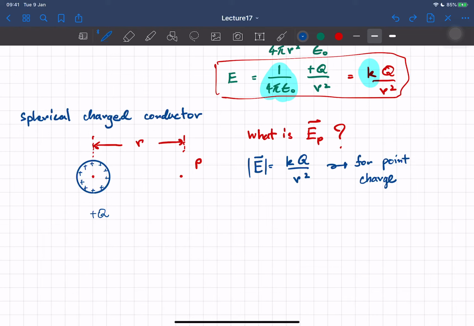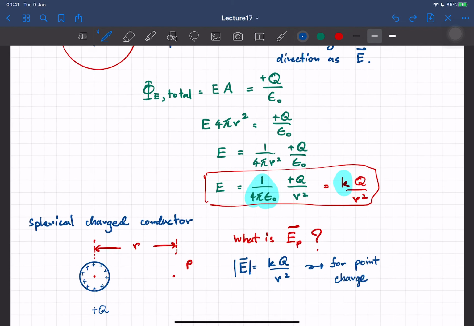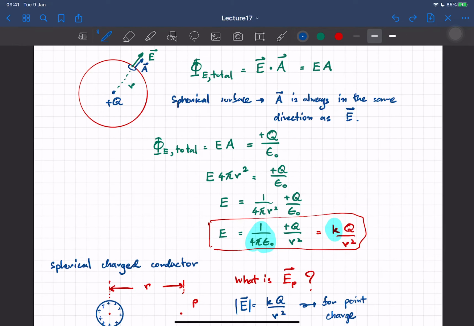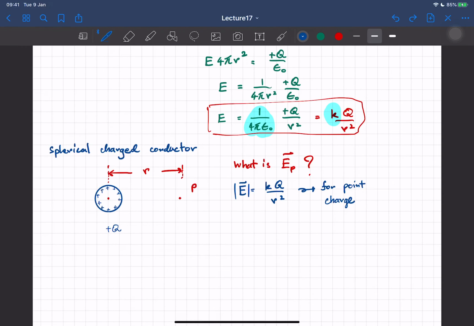Compared to the previous example, where we had a point charge and chose a sphere as our Gaussian surface because of the symmetry of the problem, now looking at this one, you have the same symmetry because the object, even though it's not a point charge, is still a sphere.